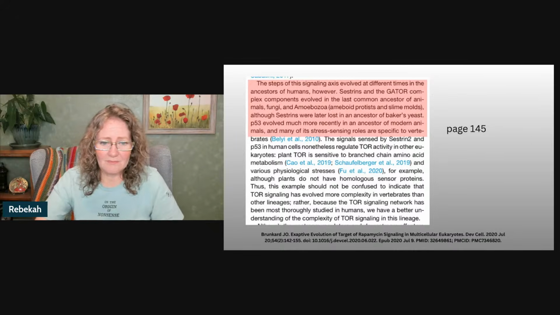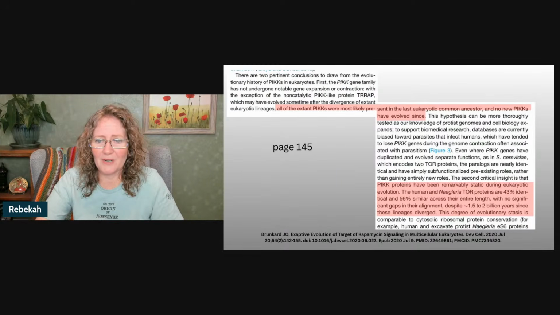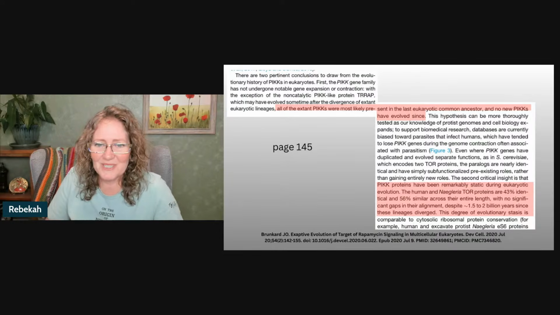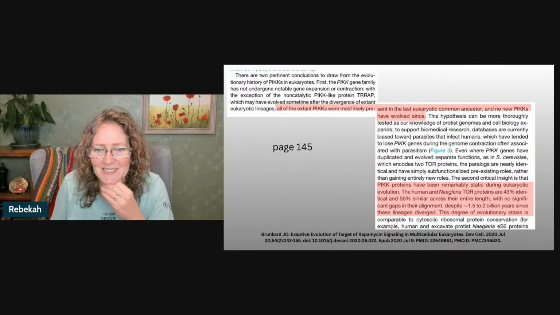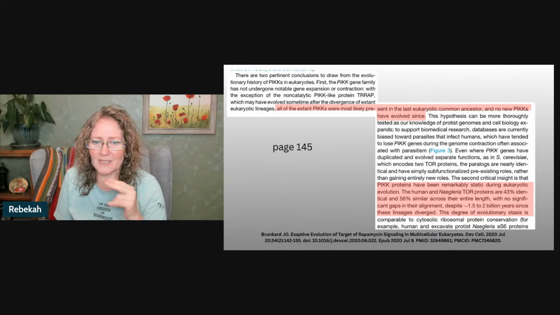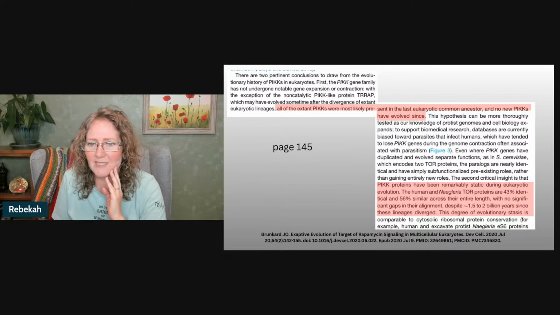So very problematic. All right, going on, and we are going to stop with the boring stuff pretty soon, but I just had to highlight this also. So the PIKs are the gene family that this is made from, and it says all the extant PIKs were most likely present in the last eukaryotic common ancestor, and no new PIKs have evolved since.